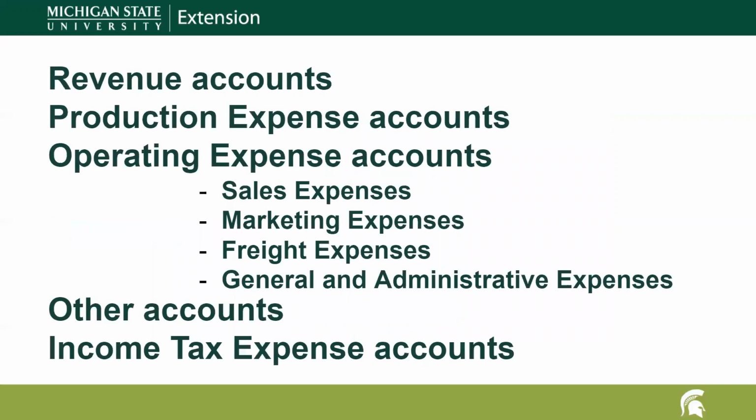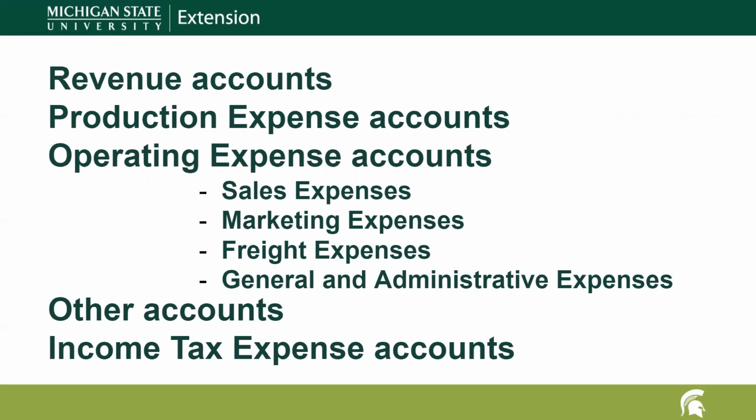So income statement accounts could be revenue accounts, which represent revenues from the different enterprises, production expense accounts, which would represent the production costs for the different enterprises, operating expense accounts, which represent the expenses associated with producing revenues that are not production related.